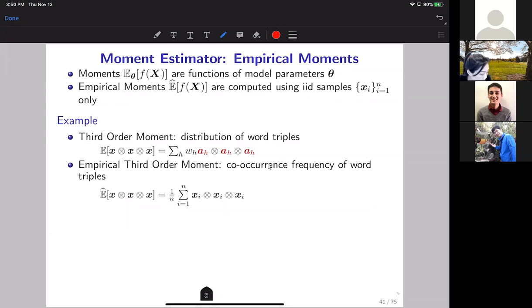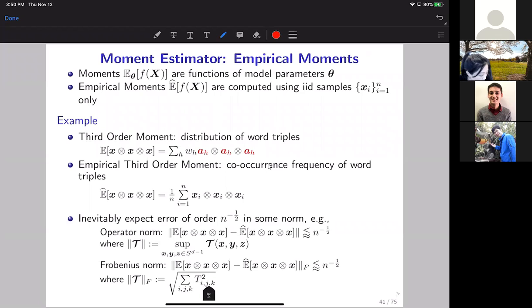And then the empirical third order moments are just the co-occurrence frequency of word triples, right? So the empirical estimation, the hat of the expectation of x tensor x tensor x, can be written in this form using your examples. So inevitably, the expected error is of order essentially n to the power minus a half in some norm.